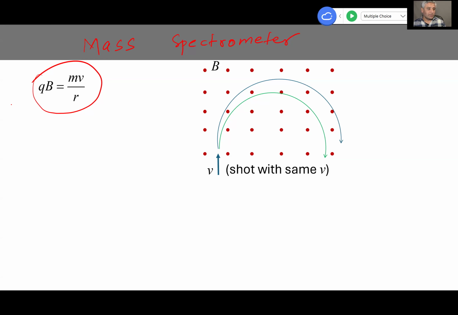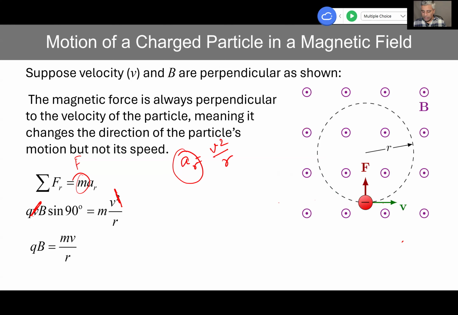So I see there is a question in the direct message. How is B up in the previous slide? See, B is a field we can apply. So whenever you see dots, that means it's coming up in that direction. It's coming towards you. So it's like we are applying that field. So we are putting a magnet, let's say, so that the field lines are coming something like that.